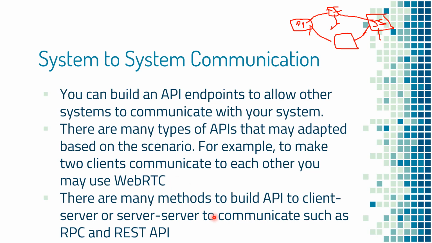And there are many methods to build an API for client-server, or even server-to-server. If you have a server, let's say in the company in Charlotte, and you have another one in Raleigh, and you want these two servers to communicate to each other to synchronize data between two systems, then you may create this kind of communication.